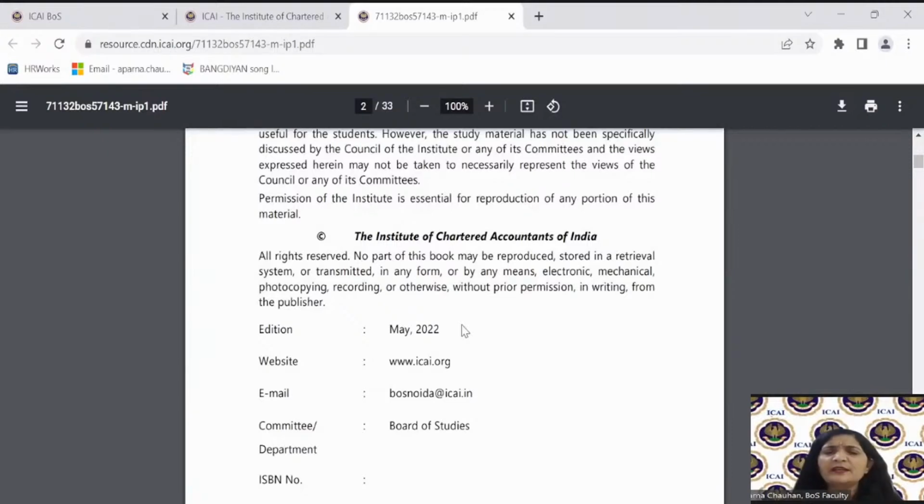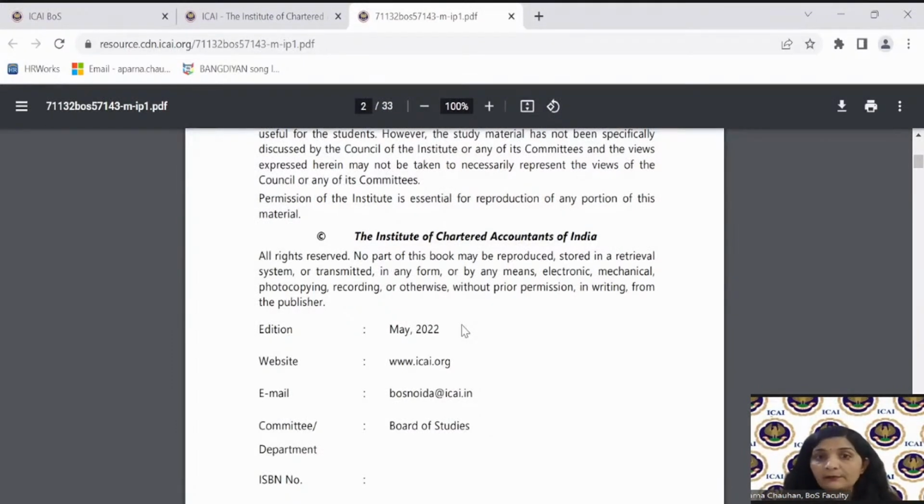Lot of interpretation. Based on interpretation issues, judicial rulings take place. But the judicial rulings at present at the intermediate level are not relevant for you, so don't worry about it. The circulars and notifications, however, are very important for you.